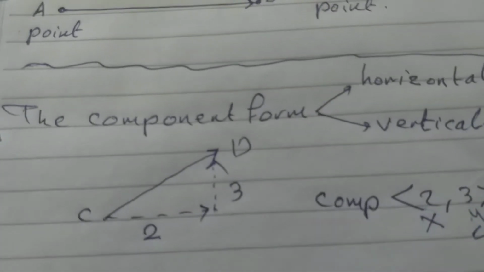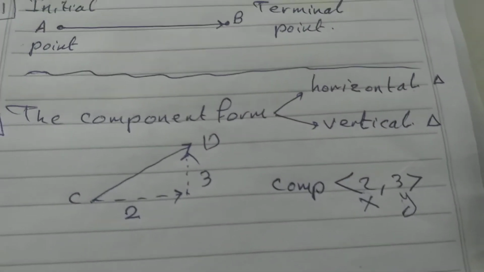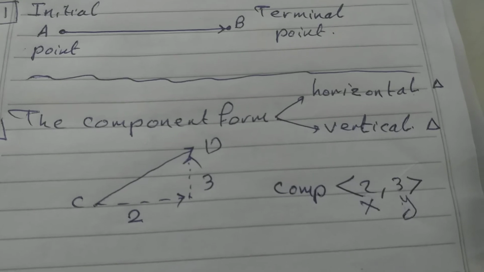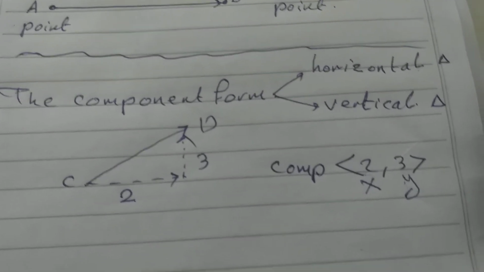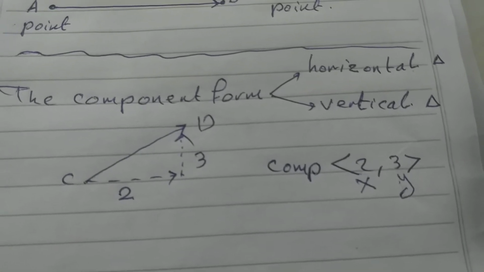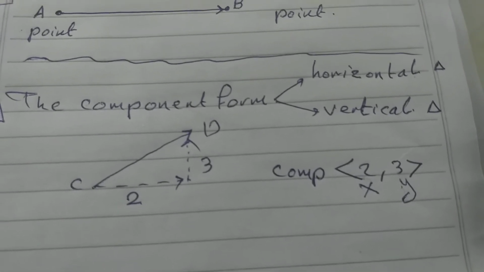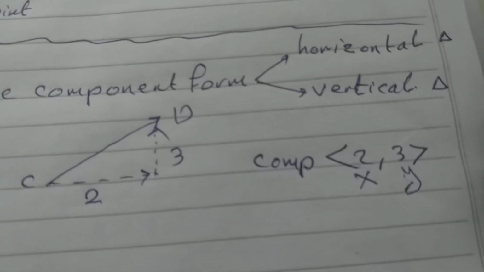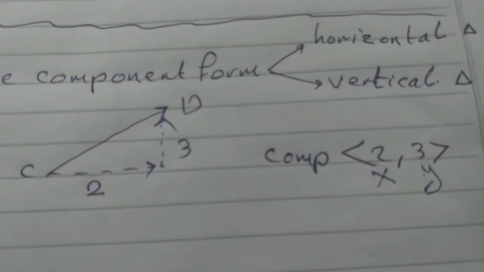I want to say something about these coordinates. 2 and 3, it's not a point. I'm not saying this is a point, 2 and 3. But 2 and 3 are actually distances. I'm moving horizontally 2 units, and moving vertically 3 units.